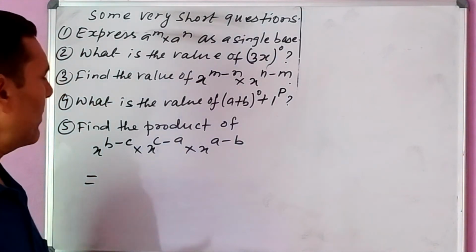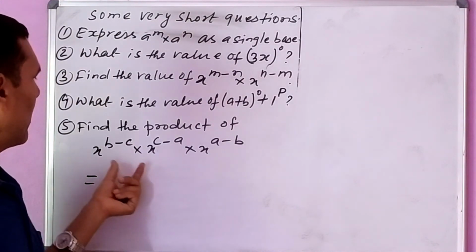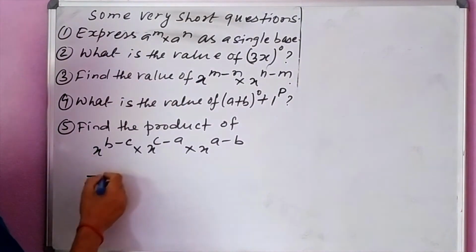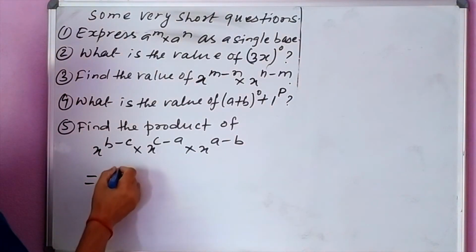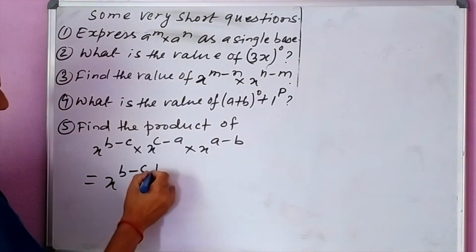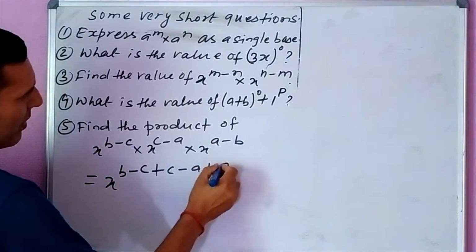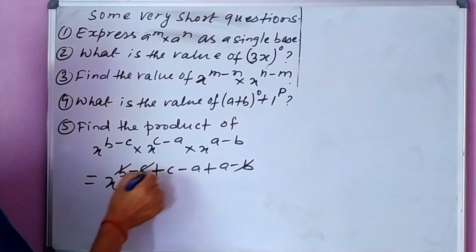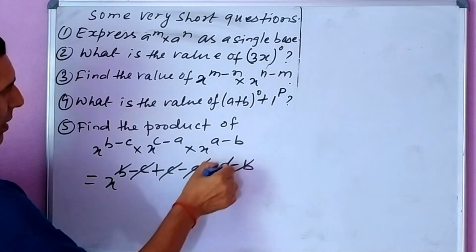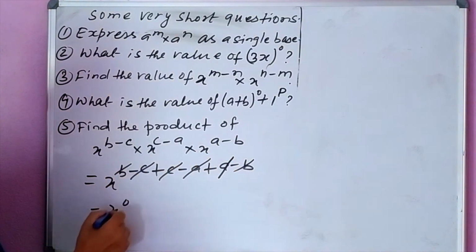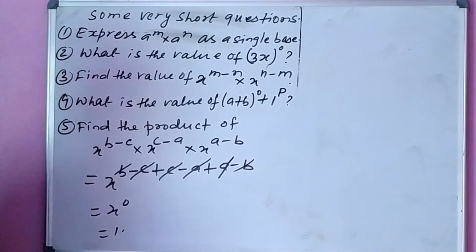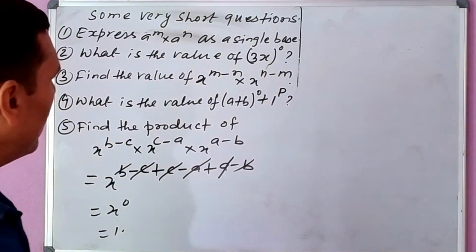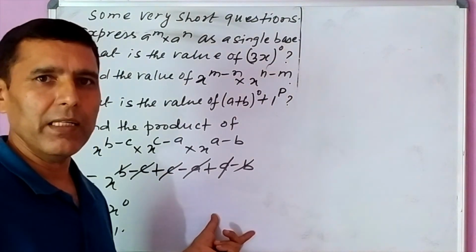So we know that when multiplying on the same base, the powers are added together: x to the power (b minus c) plus (c minus a) plus (a minus b), according to their sign. Here plus b minus b cancel, minus c plus c cancel, minus a plus a cancel. It gives x to the power 0, which is equal to 1. So these are the very short, 1 mark questions which can be asked in the exam.